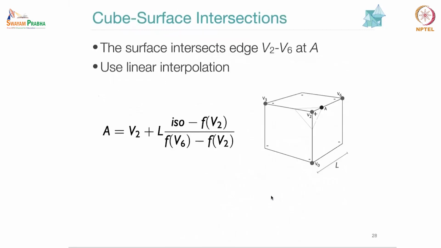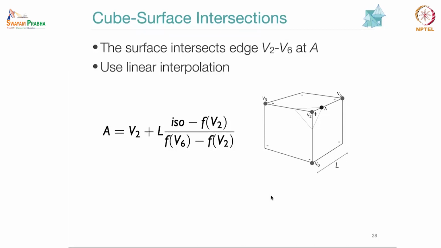So once you have identified such blocks and identified these topological configurations of triangles based on the values, the only thing that you need to do now is perform a linear interpolation and figure out the vertex coordinates of the triangles that pass through. And fortunately, these vertex coordinates will always lie on the edges of this cube.